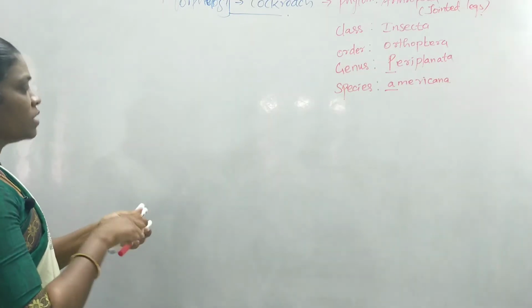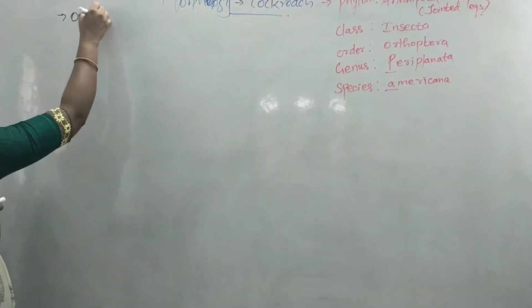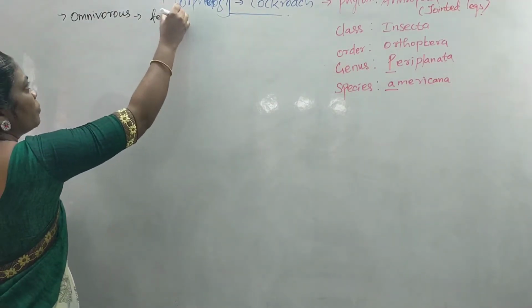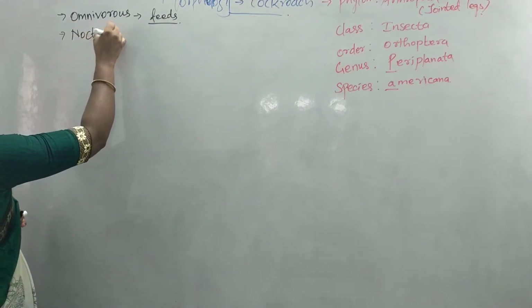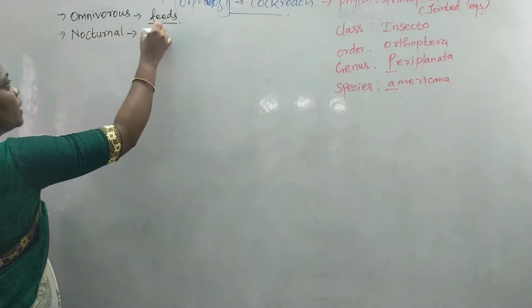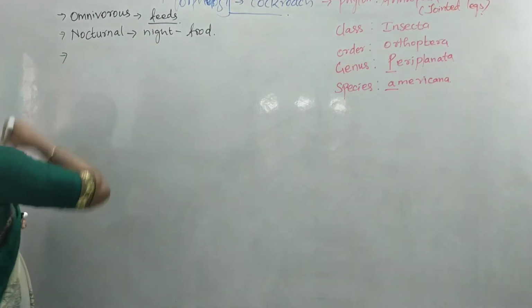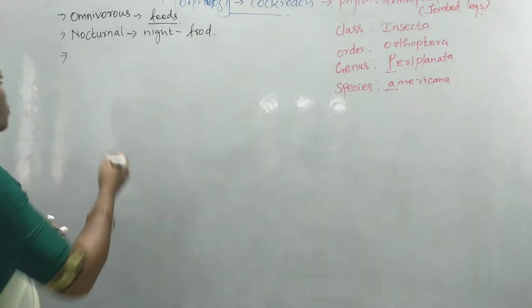These organisms are omnivorous, which means they feed on all types of food items. They are nocturnal, which means they come out only during night time to find their food. The body color is brown.